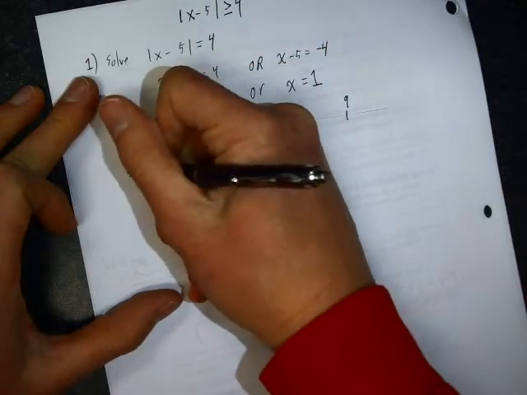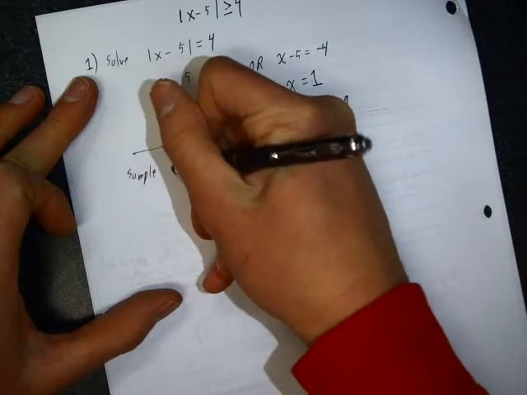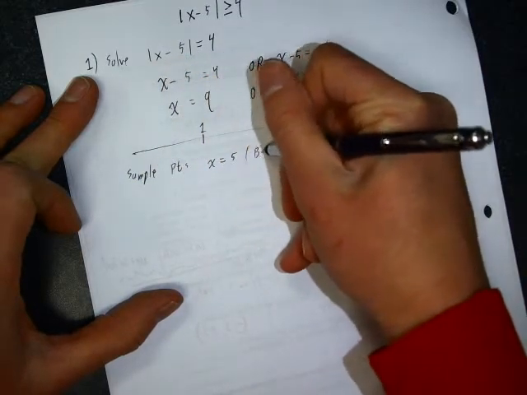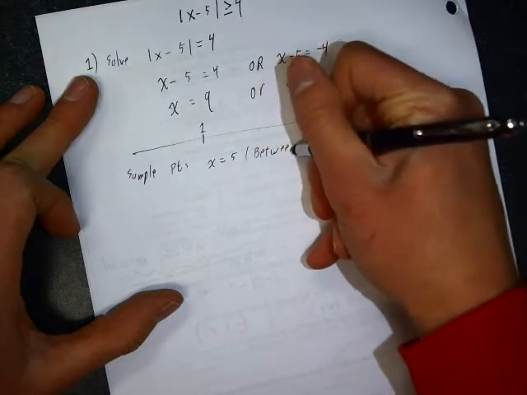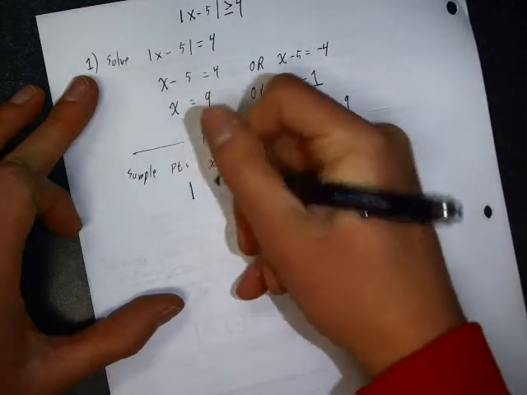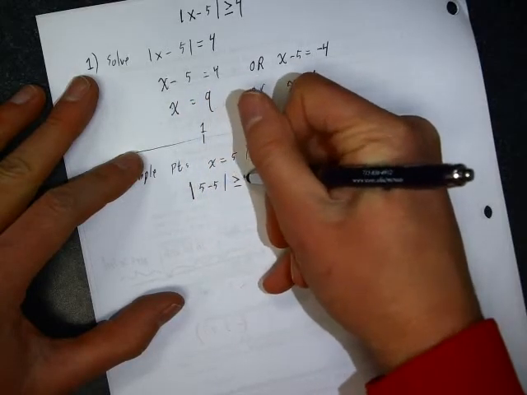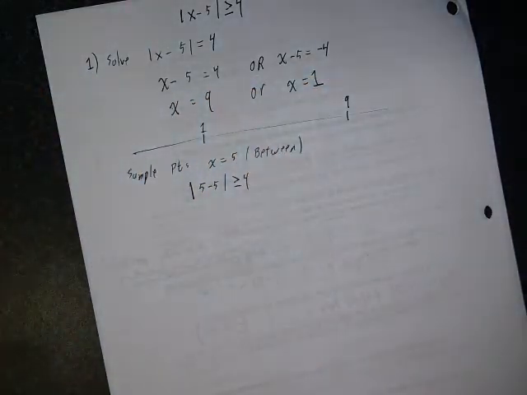So let's pick some sample points. X equals 5 to do the between case. What will you get for the original statement? You'll get 5 minus 5 is bigger than or equal to 4. Is that true or false? False, right? Because the thing on the left-hand side is 0.